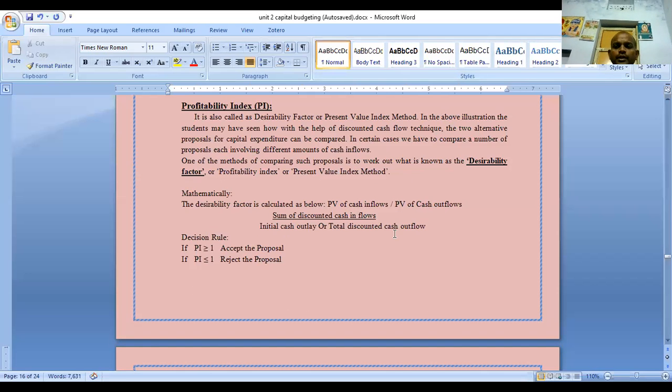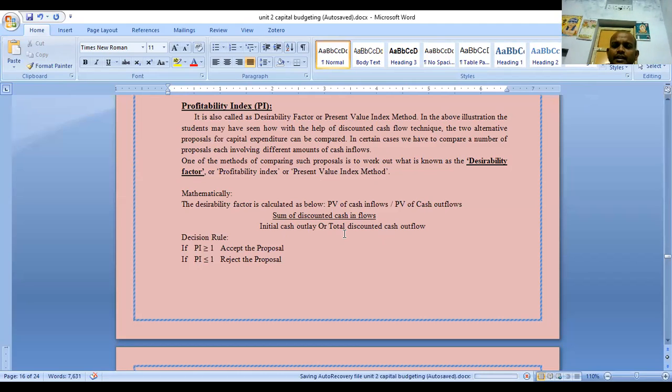Now, profitability index. This is also one of the modern techniques of capital budgeting. It is also called the desirability factor or present value index method. In the above illustration, the students may have seen how, with the help of discounted cash flow technique, two alternative proposals for capital expenditure can be compared.